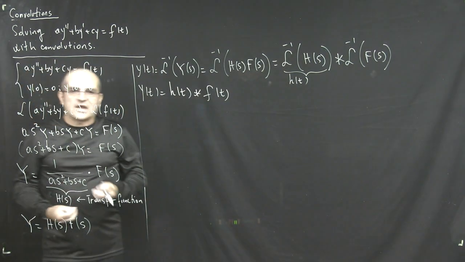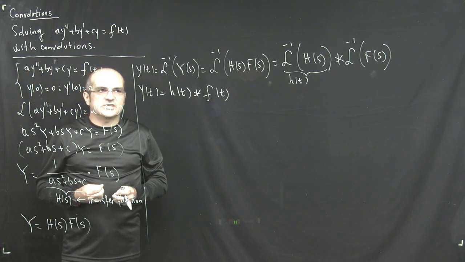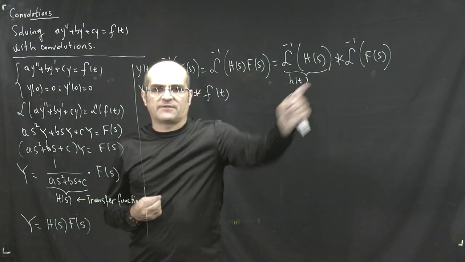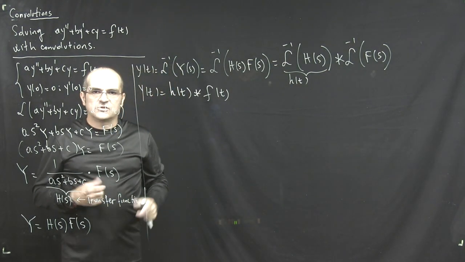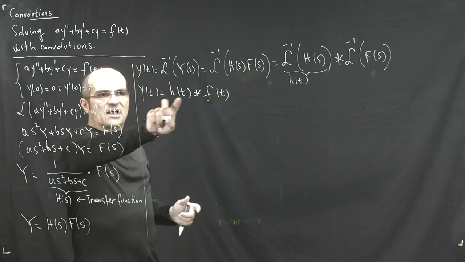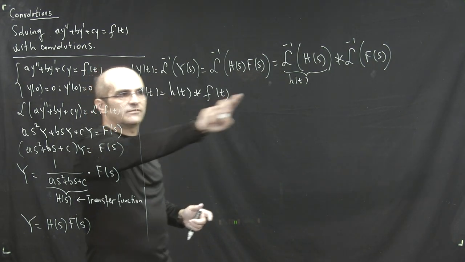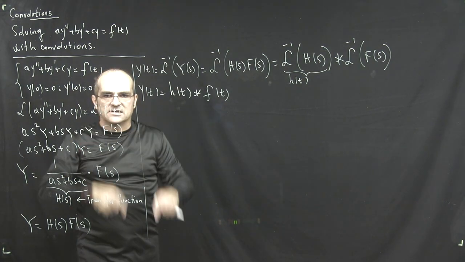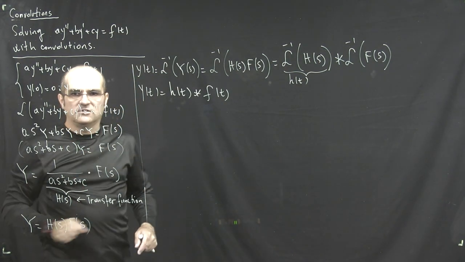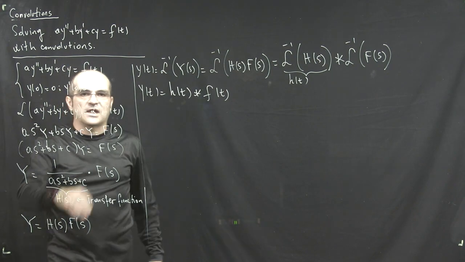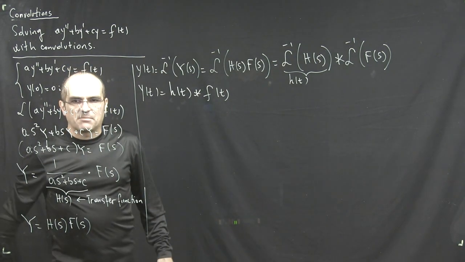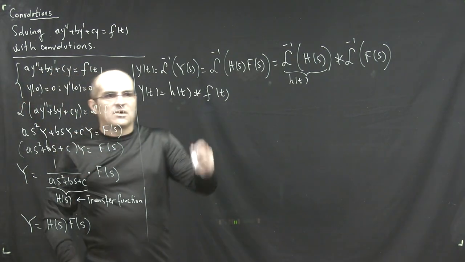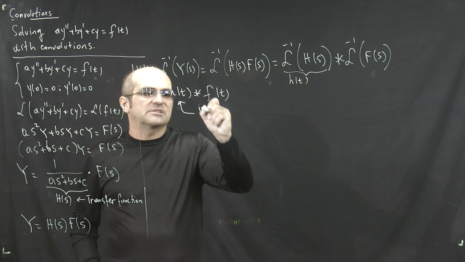So what you have to compute in fact is just the inverse Laplace of the transfer function. Once you do that, the solution is the convolution between that, the inverse of the transfer function, and the right hand side. So you bypass finding the Laplace of the right hand side, which is actually cool if you don't have a formula for the Laplace of little f of t. So remember from the previous part, this is called the impulse response.